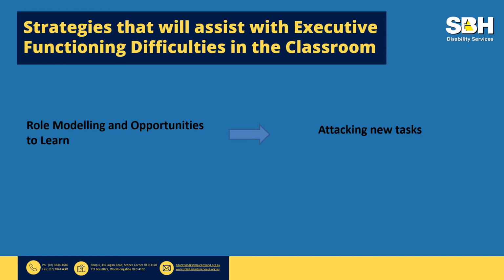How can we help the children that have trouble following instruction or completing tasks, that have these executive functioning difficulties in the classroom? It's more of role modelling the opportunities of learning, identifying the steps, staying calm with them, praise, and identifying what motivates that individual, because that's your key.